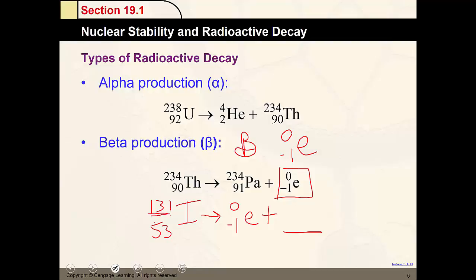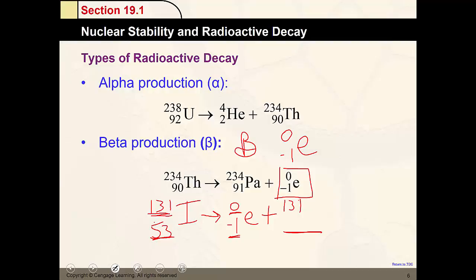So first off, we start with a mass number of 131. For this part, it's easy. The mass number of the electron is 0, so the mass number here remains 131. But the tricky part here is we start with an atomic number of 53 on the left side. Now on the right side, you have to think about -1 plus what equals 53.